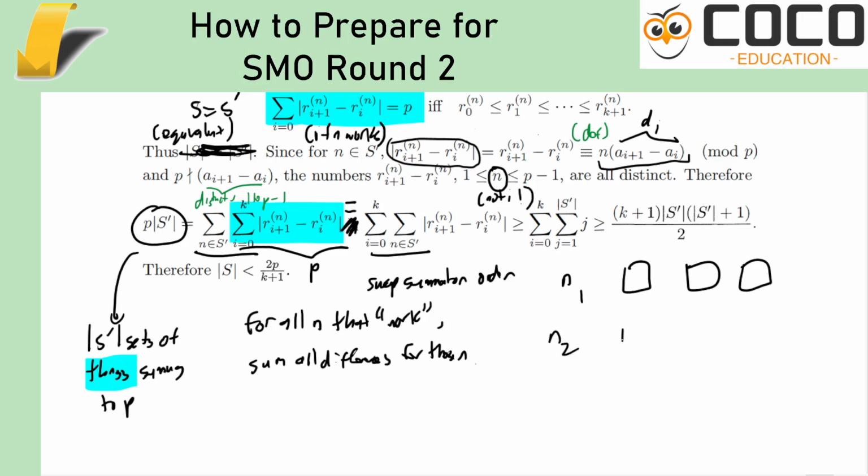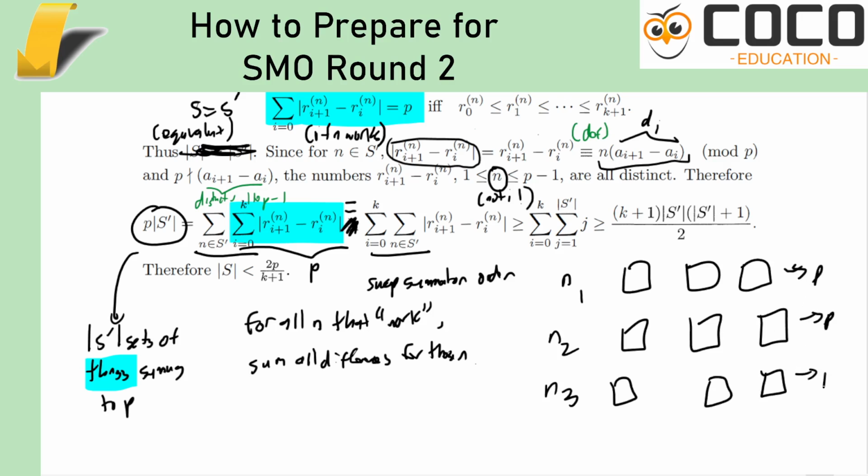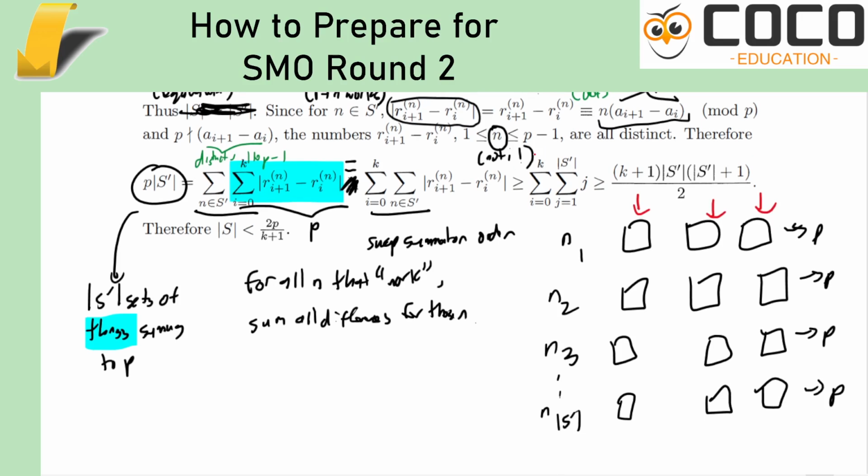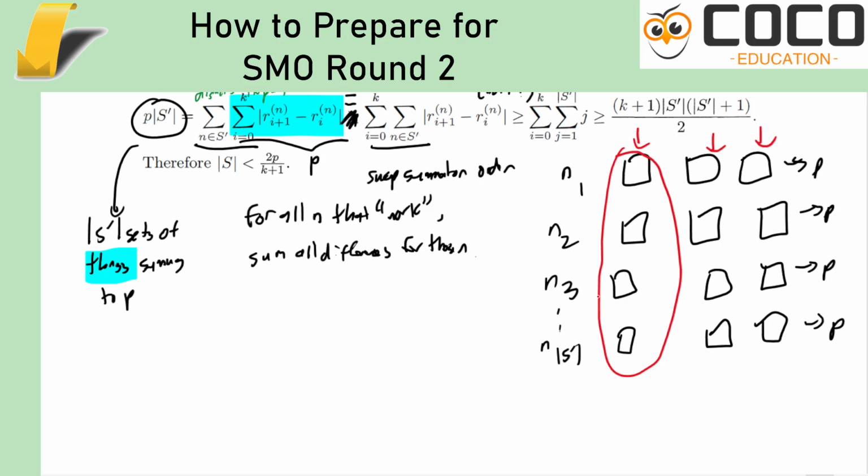The second n that works, I've got this bunch of things. The third n that works, I've got this bunch of things. All of them sum to P. And then I've got this S prime, many of them. Instead of summing it row by row, I sum column by column, and I said already that they are distinct. Now because I said they are distinct, it means that there are going to be these many things which are distinct.